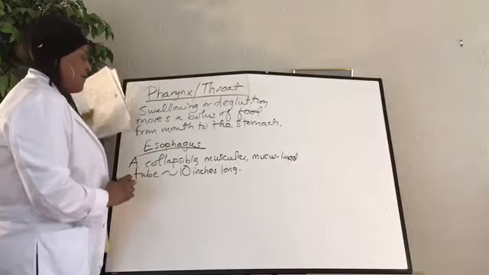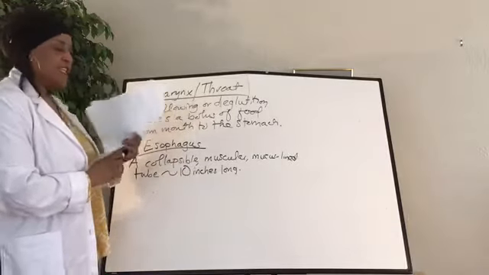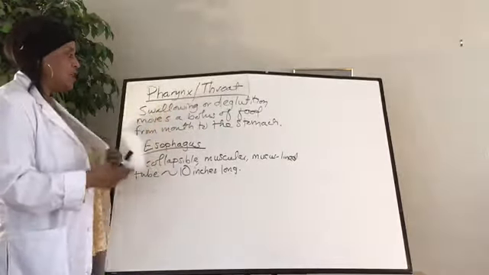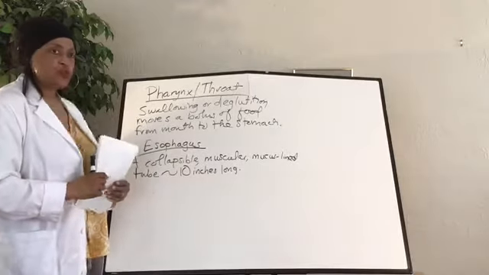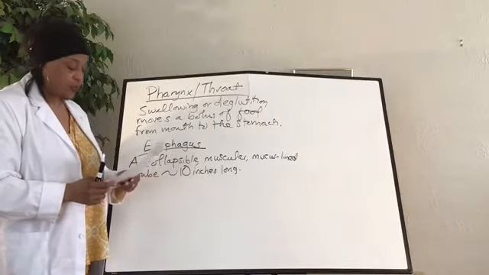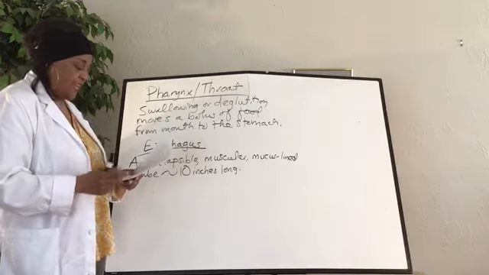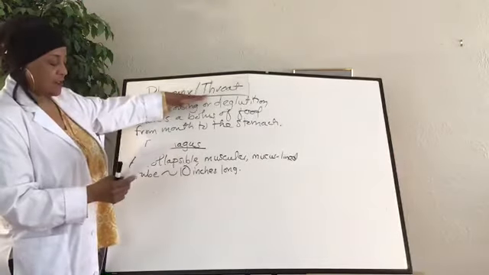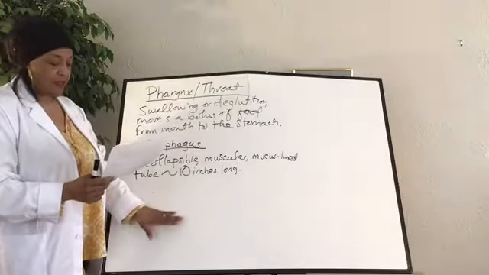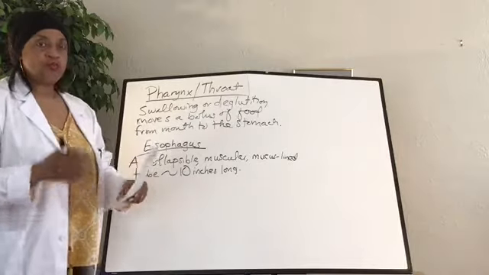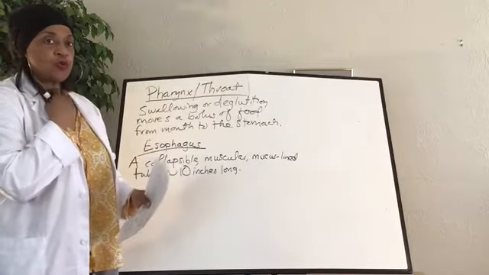The esophagus is a collapsible, muscular, mucus-lined tube approximately 10 inches long. It extends from the pharynx to the stomach. So this tube extends from the throat to the stomach.